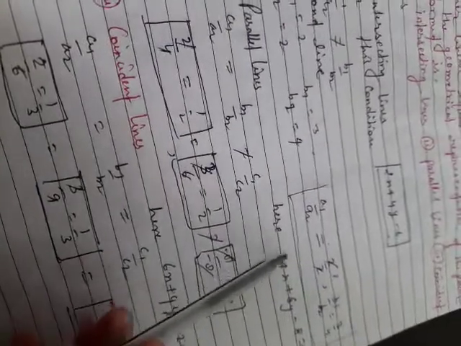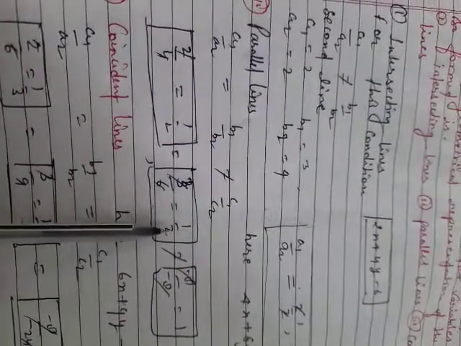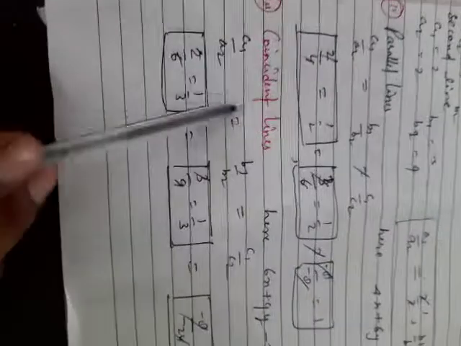Parallel lines: in parallel lines you have to take another equation which will be the same, 1 upon 2, okay, a1 upon a2, and look here, in parallel lines a1 upon a2, b1 upon b2 must be the same. Coincident lines: in coincident lines, here try to understand, intersecting lines are mostly unequal, a1 and b1 unequal.